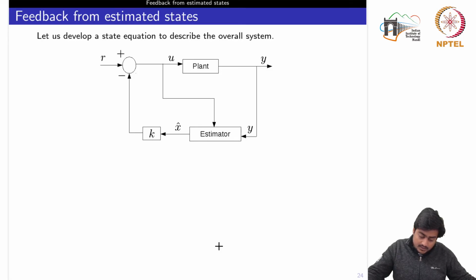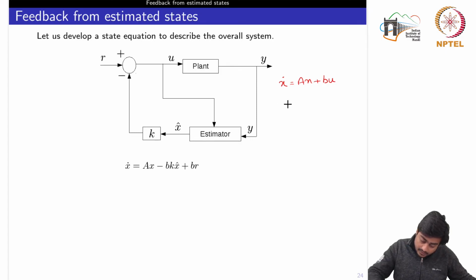To answer these questions, we'll first develop the state equation of the overall system to further analyze what is happening inside the closed loop. I will write here the equation of the plant also, which is x dot equals Ax plus Bu.